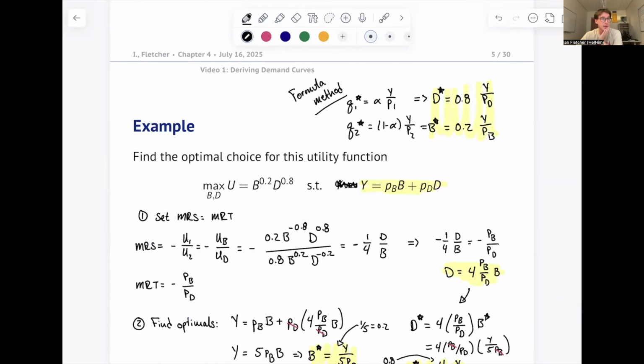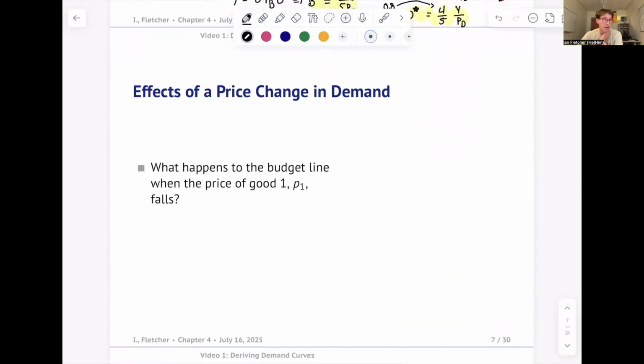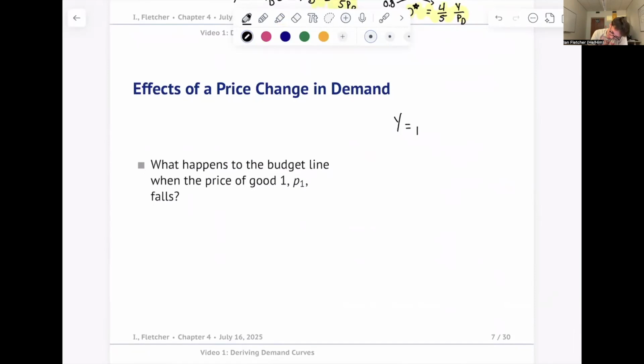And so now we're going to think a little bit further, right? So let's start thinking about what happens to the budget line when the price of good one, P1, falls. Let's say that we had y equals P1 x1 plus P2 x2, and we had some optimal amounts in x2.